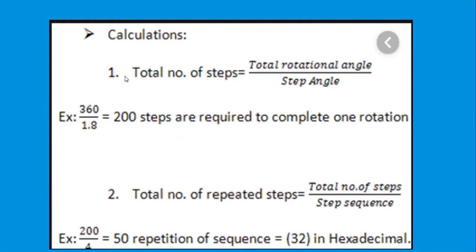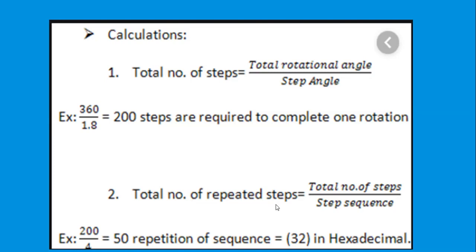Now consider the calculation. The total number of steps is equal to the total rotation angle divided by the step angle. In case of most stepper motors, the number of steps required to complete 360 degree is 200. So if it requires 200 steps to complete 360 degree, then per step it is going to take 1.8 degree.